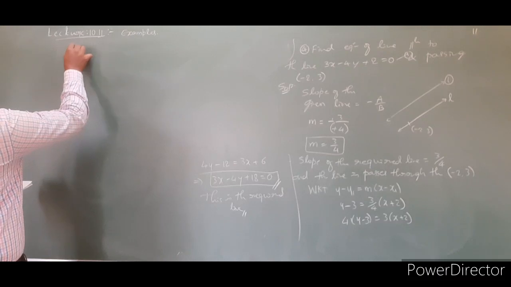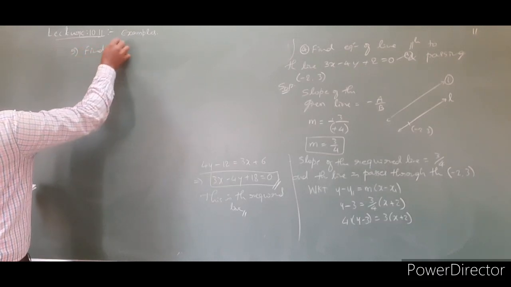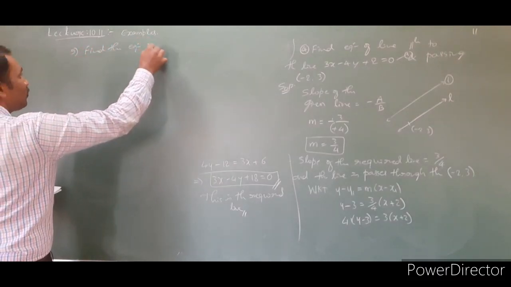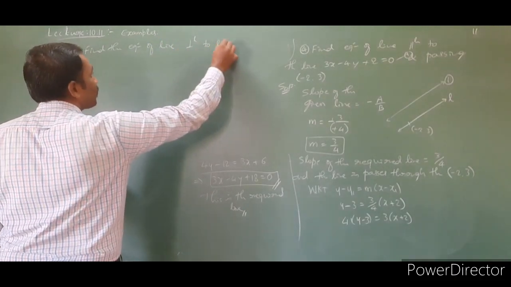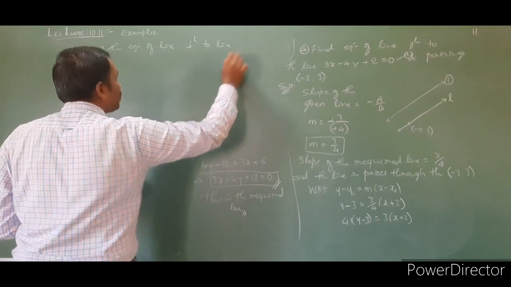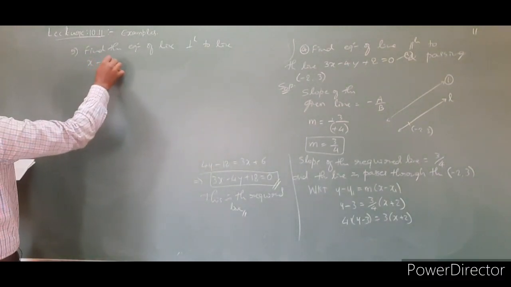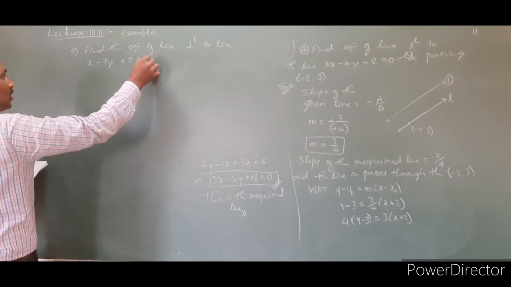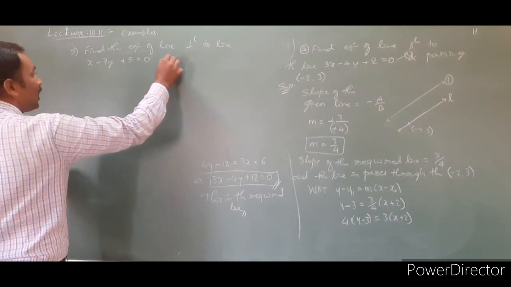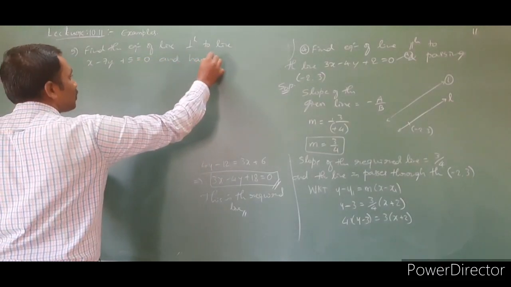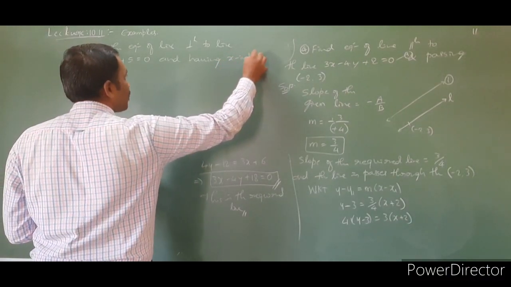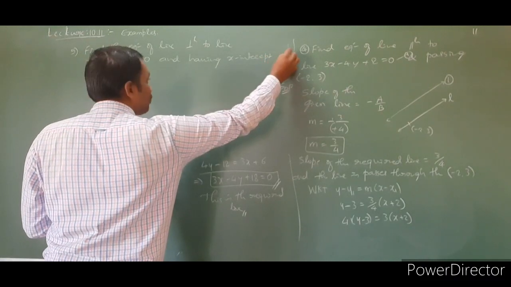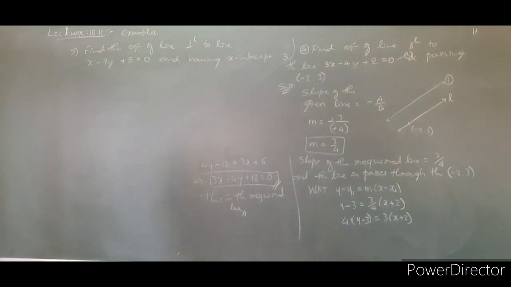Now similarly, take the next problem. Find the equation of the line perpendicular to the line x minus 7y plus 5 is equal to 0 and having x-intercept 3.